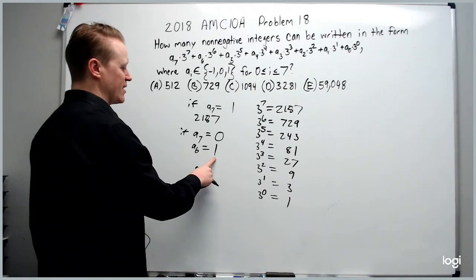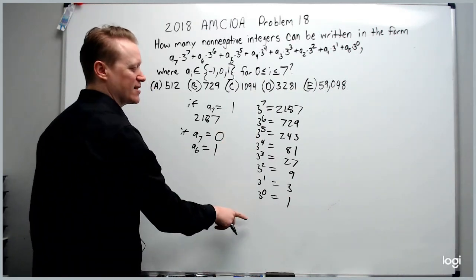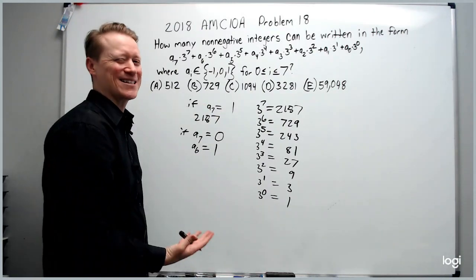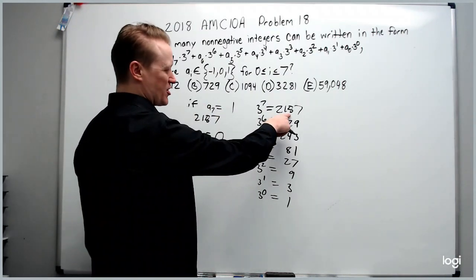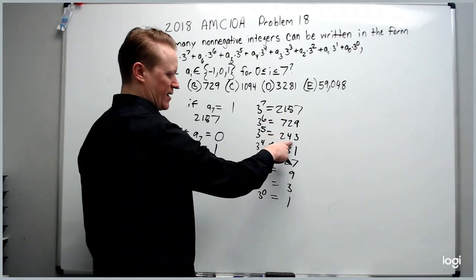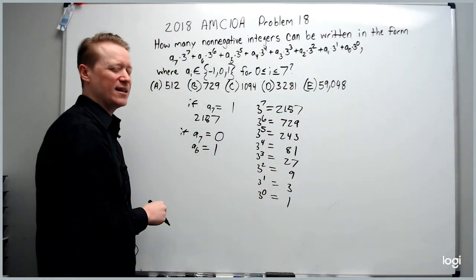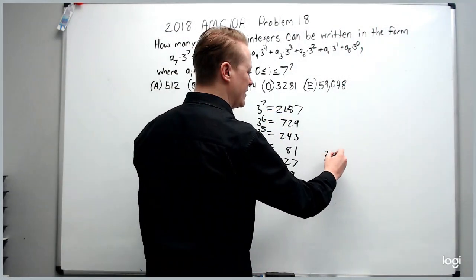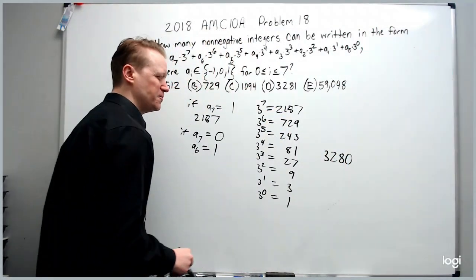So if a sub 6 is 1, now all the rest of these can take on any of the 3 values, and you can see the problem just cascades from here. In each scenario, we're going to get this amount, and all the way down that many integers. If we add all of this up, though, we only get 3280.